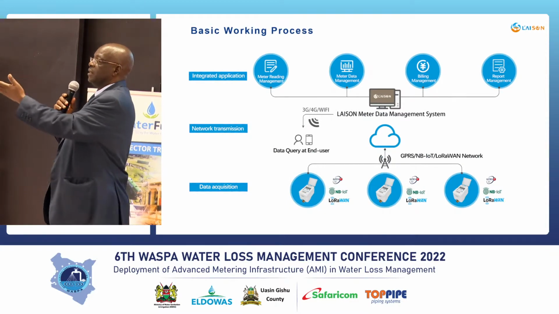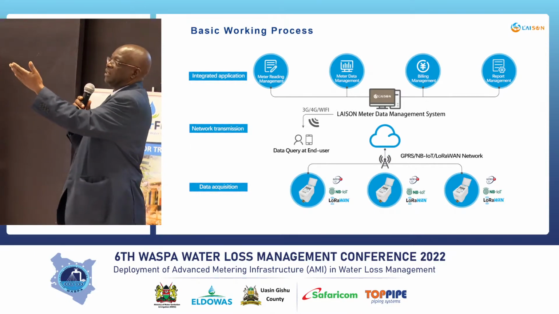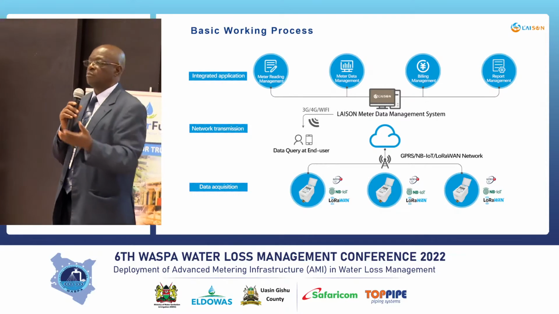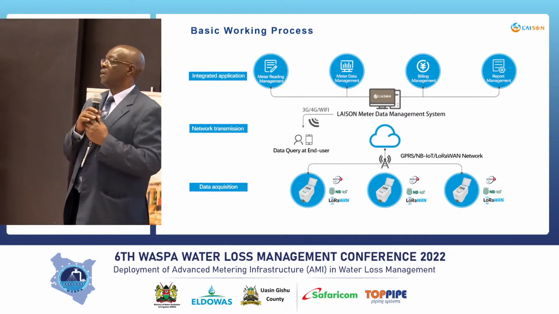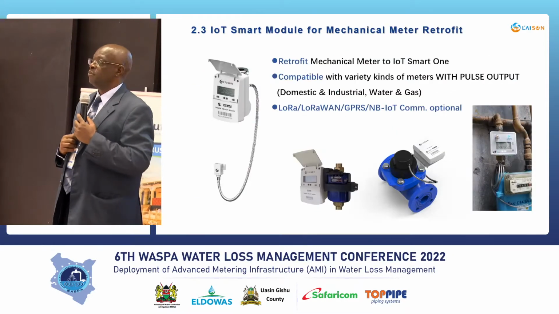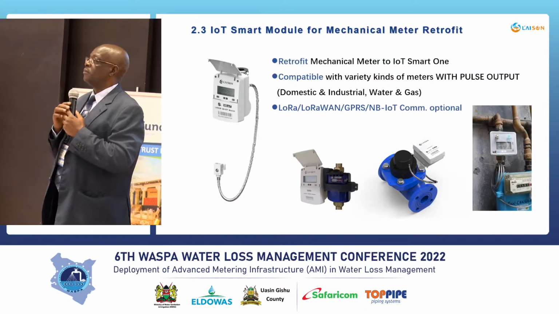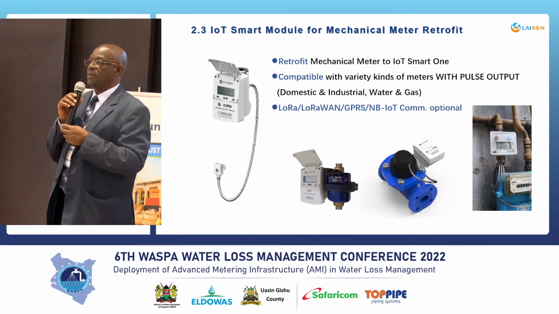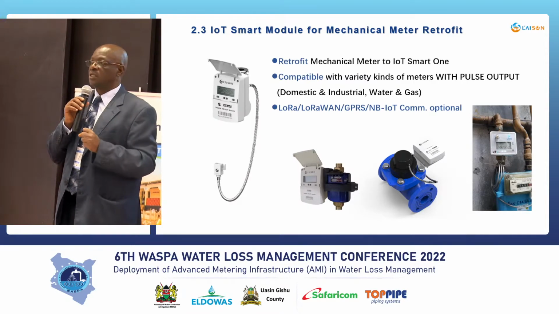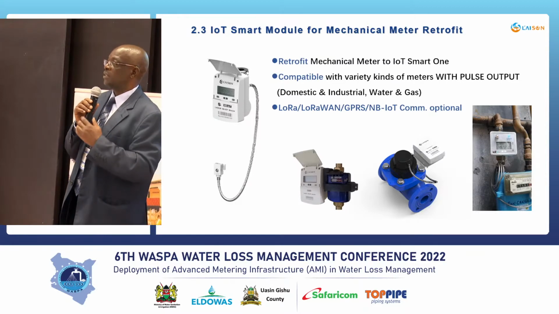That is the basic working process of the Liaison meters in the field as we serve the customers. Yesterday somebody asked that Eldoret has installed some mechanical meters and smart meters.